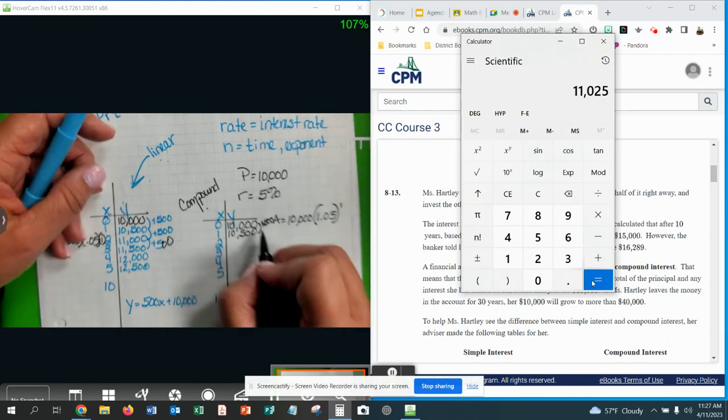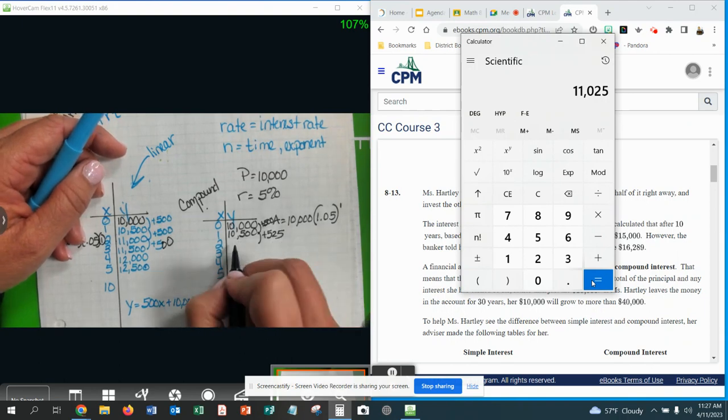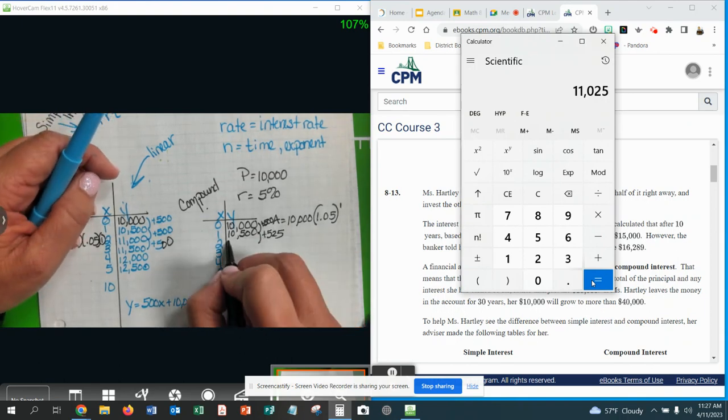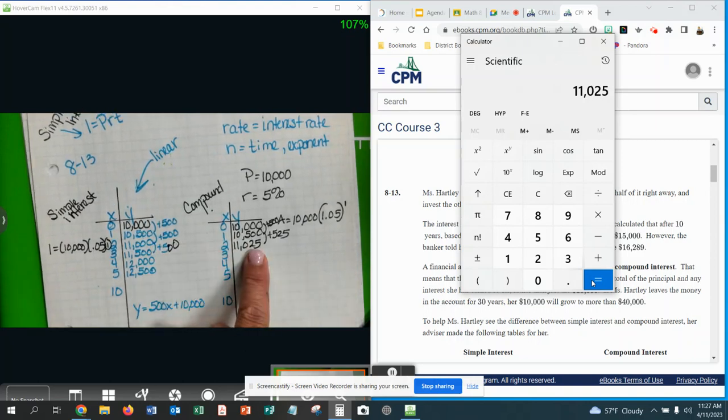So now the next year is plus 525. So now we've got $11,025. If you look at year 2, we've gained $25 from the second year to this new second year. I know it's only $25, but that's $25 more than you had before, right?